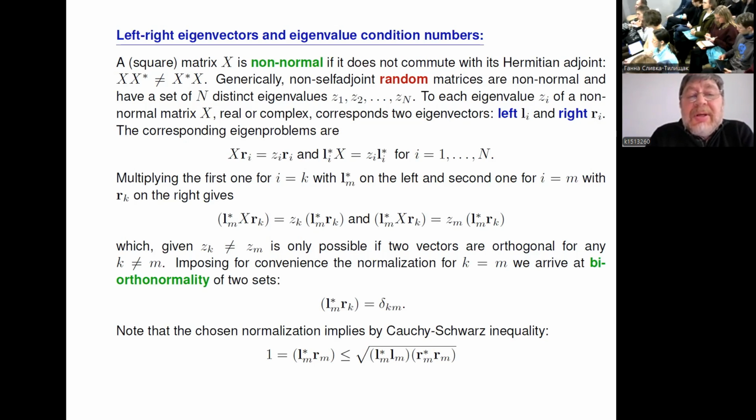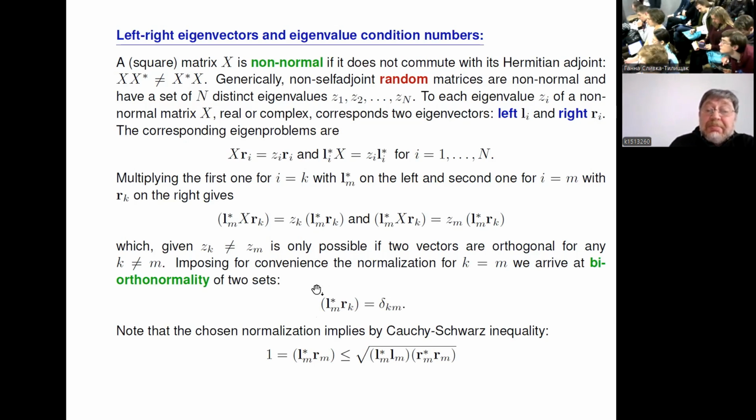We see immediately that if eigenvalues zk and zm are non-equivalent, as we agreed already will always be the case for random matrices, left and right eigenvectors corresponding to different eigenvalues are orthogonal, and we can always impose a normalization condition, which we call biorthonormality. This condition is written here.